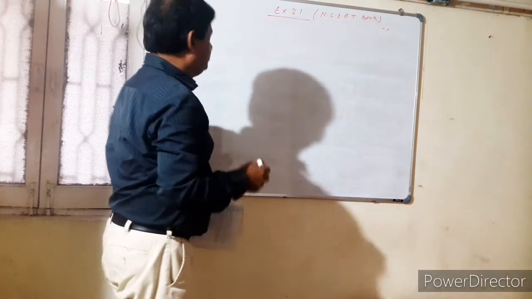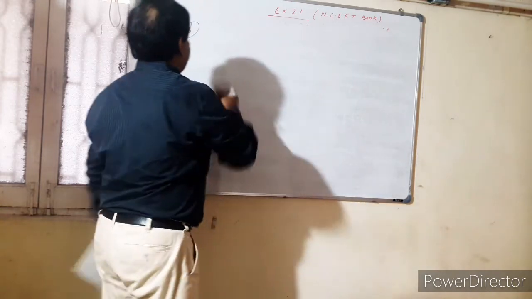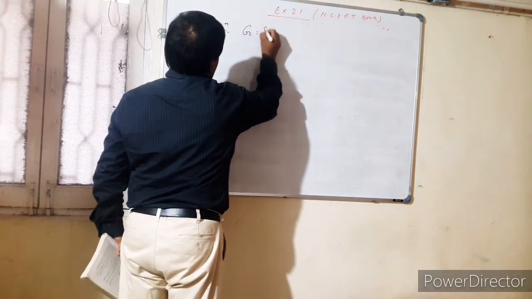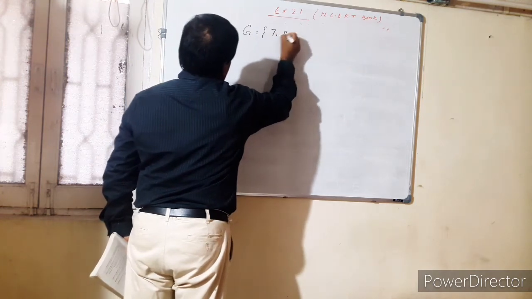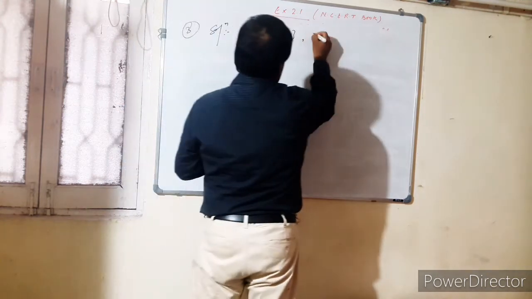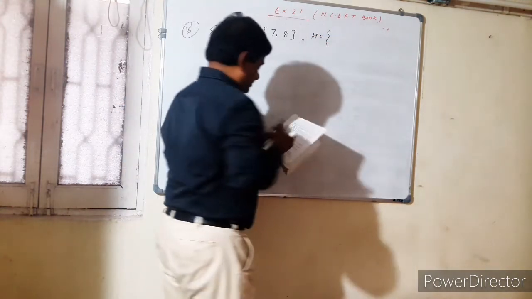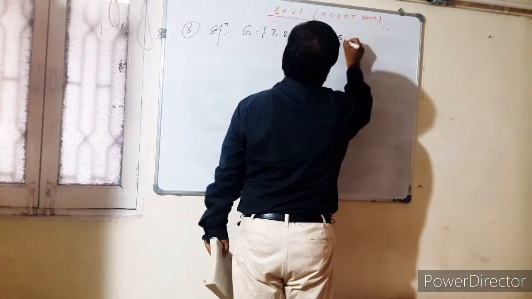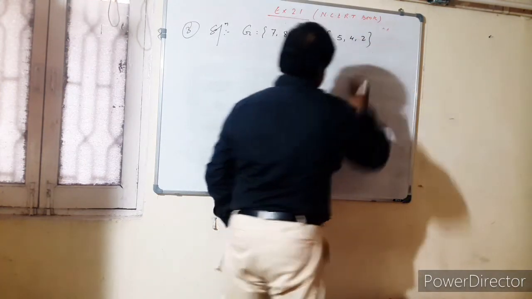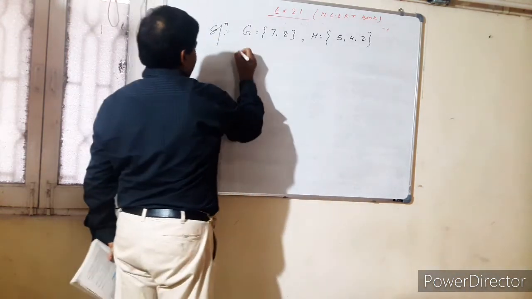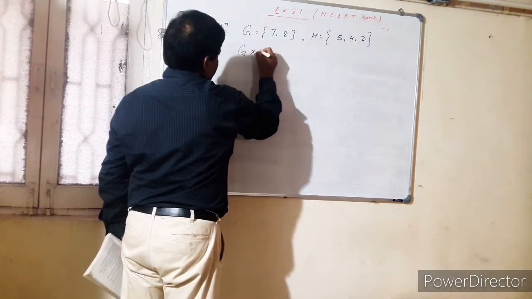If G is equal to 7, 8, G is given 7 or 8, and H is given here 5, 4, 2. Find G into H. So we have to find G into H.